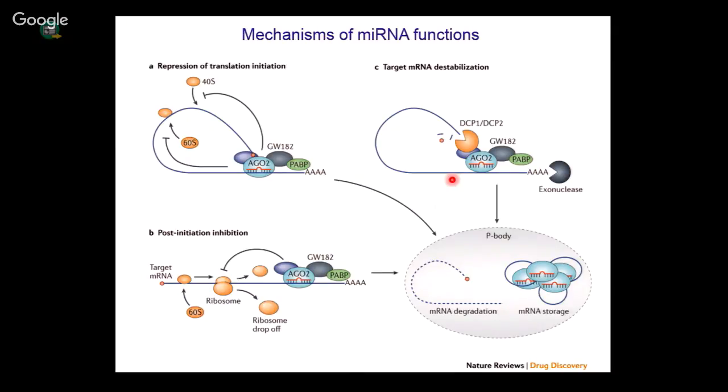But still, I know in fly, AGO1 is for microRNA, and an AGO1 mutation showed some phenotype. I'm sorry, I didn't mention that clearly.